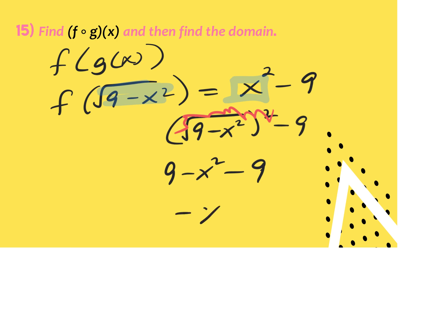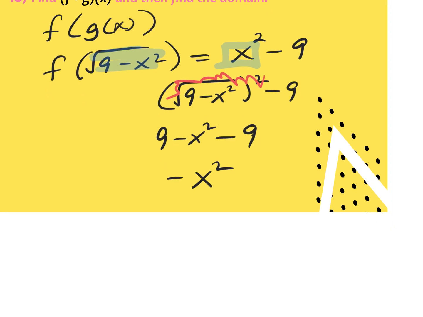So my final combined function is just negative x squared. Remember, when it's a parabola, when it's x squared, is there any restrictions on that? On x squared or negative x squared? No. So the domain of the combined function is all real numbers.